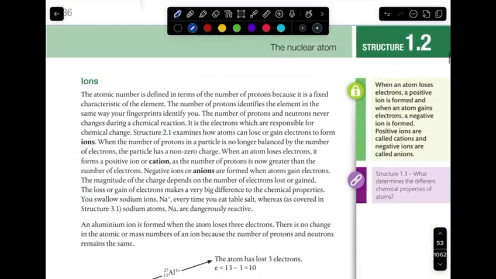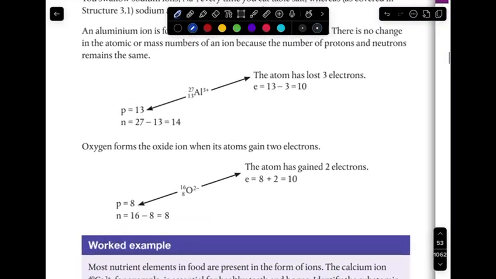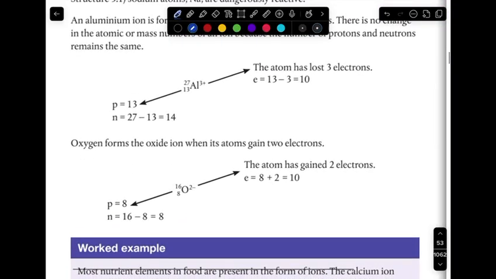There are two types of ions. The first one is a cation, which forms positive ions, and the atom loses electrons. Electrons are negatively charged, so if we lose them, we become positive because we lost the negatively charged particles.